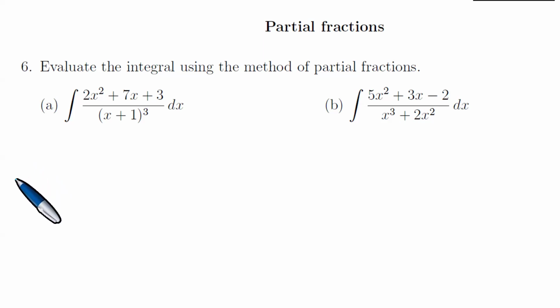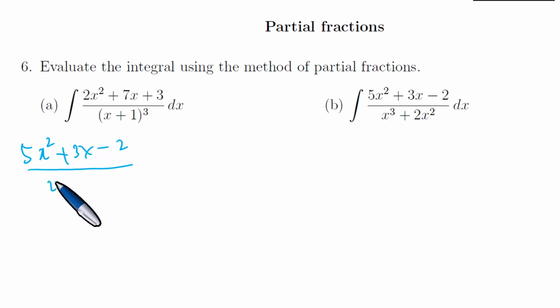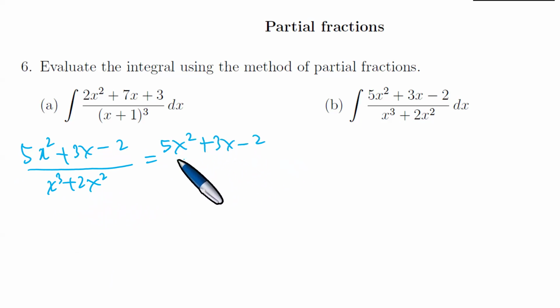The next question is exactly what? 5x squared plus 3x minus 2, divided by x cubed plus 2x squared. So now you have x plus 2.